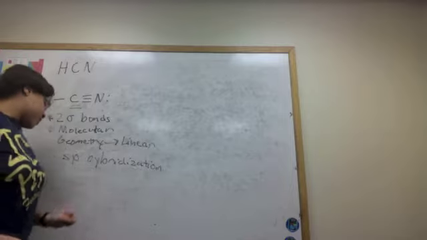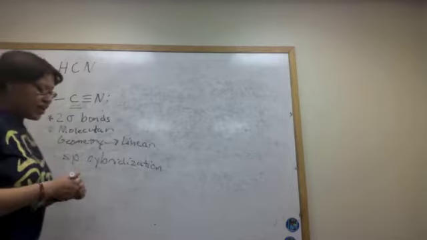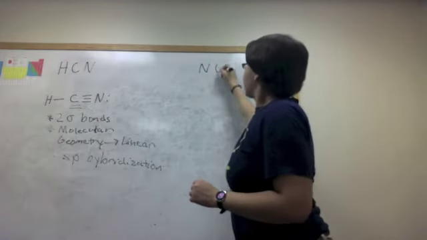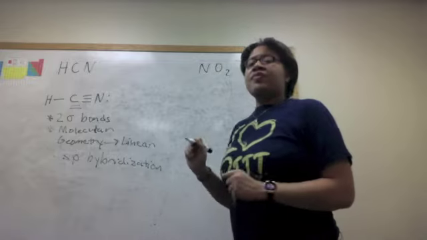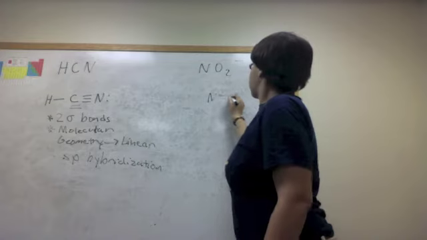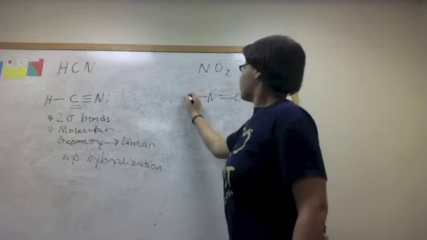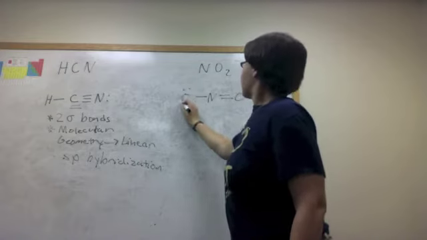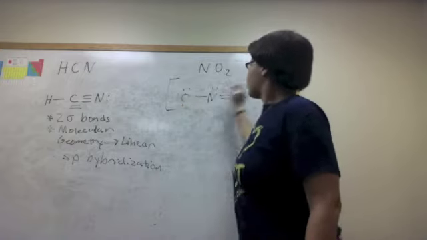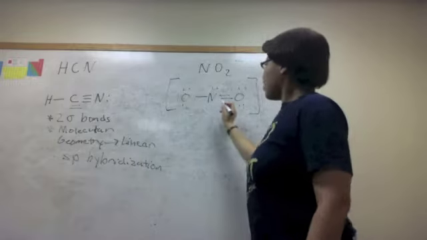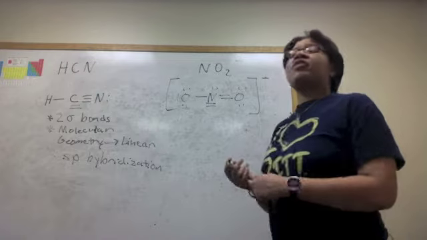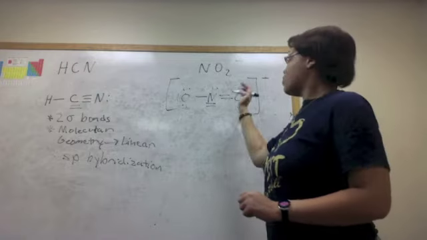Our next example is NO2-, the nitrite ion. Here's the Lewis structure for the nitrite ion. Again, we're only interested in the nitrogen atom, since it's the only atom that has more than 2 bonds.